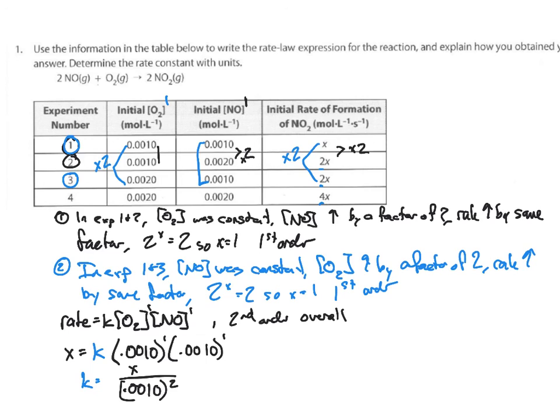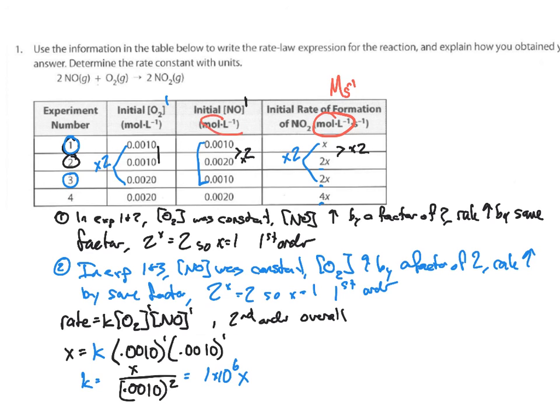0.0010 squared. Let's see if that's on the bottom. So k is actually equal to 1 times 10 to the positive 6, since that's going to be a negative down there, x. And if I look at the units, well, rate, again, I see is in molarity, S negative 1.